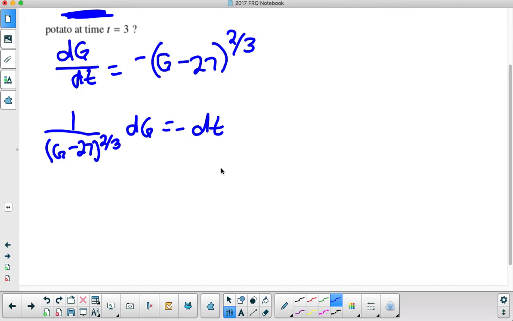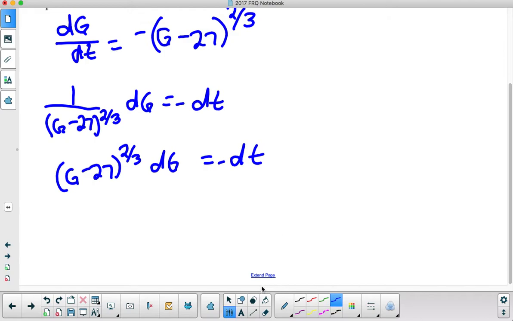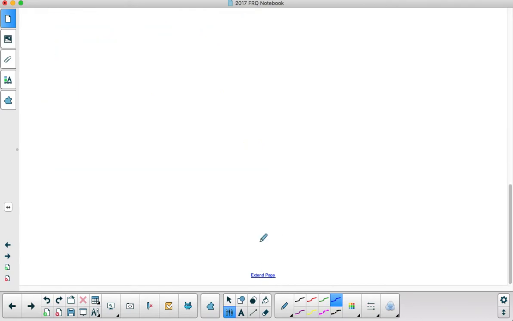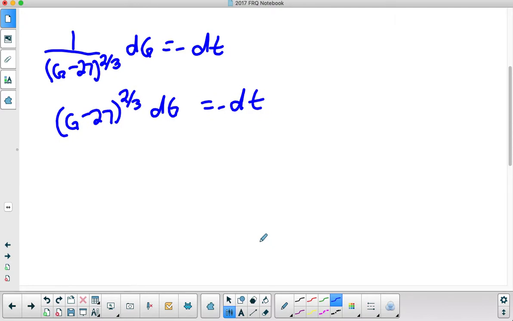And now I don't like the left-hand side looking like that, so I'm just going to rewrite this as g minus 27 to the 2/3 dg equals negative dt. All right, so now it looks okay. I'm good with that. I'm ready to go. I'll give myself a little extra work here, a couple extra pages. So, all right, so here we go. Now we're ready. Integrate.